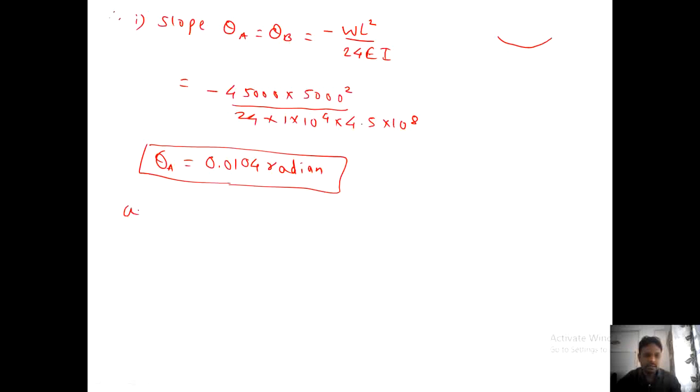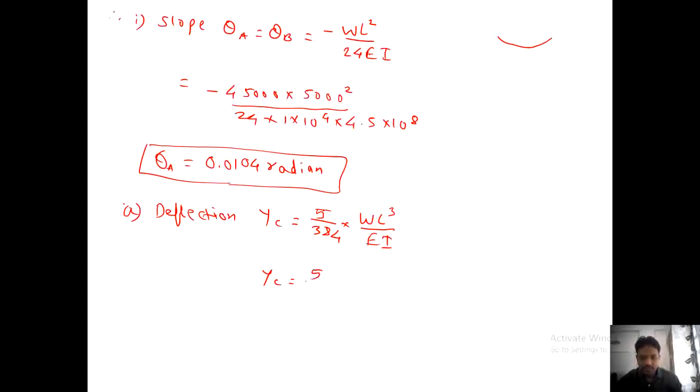The next thing that we need to calculate is deflection. So YC equal to, what was the formula? Simply supported beam and UDL. So 5 by 384, last case, 5 by 384 into WL cube by EI. So put up values.